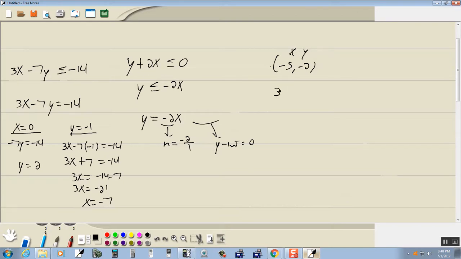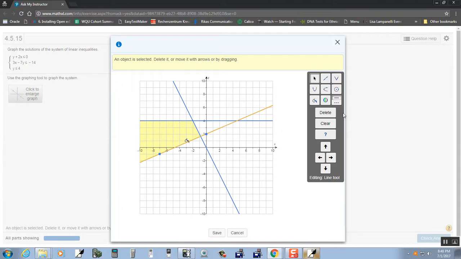So I got 3 times negative 5 minus 7 times 2. We're wondering if that's less than or equal to negative 14. That's negative 15 minus 14. It's negative 29, which is less than negative 14. So I want my shading to actually be down here.